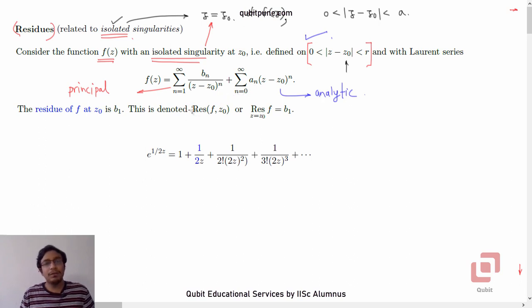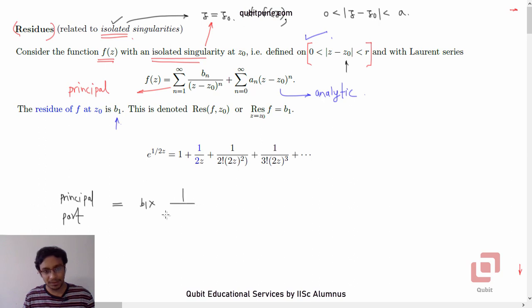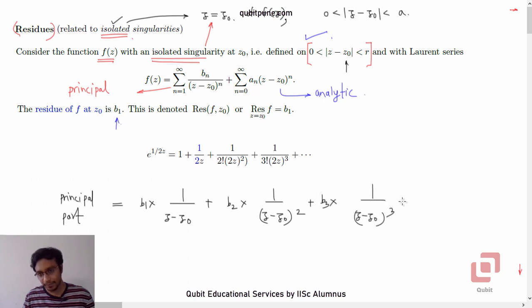Now what we will focus on is the coefficient b1. We know that the principal part when expanded becomes b1 into 1 upon z minus z0 plus b2 into 1 upon z minus z0 squared plus b3 into 1 upon z minus z0 to the power 3 and so on.